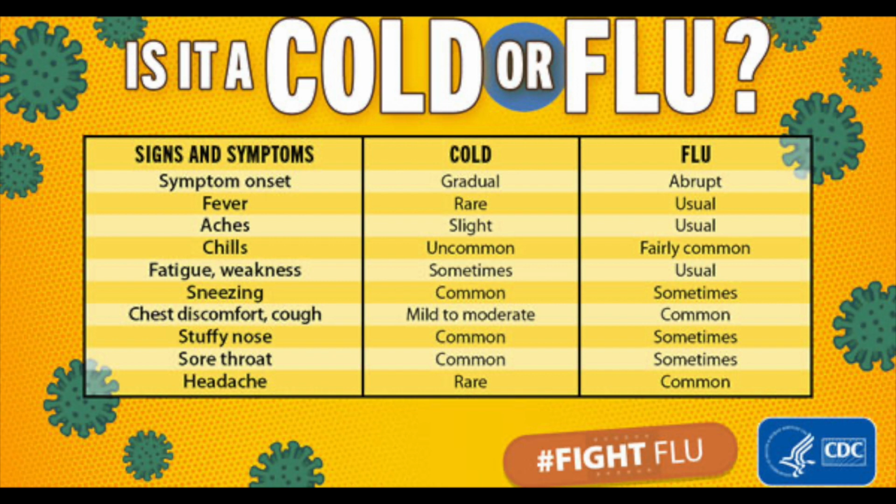Treatment measures typically involve over-the-counter medications for pain and fever, as well as adequate oral rehydration. It is also imperative to take measures to avoid the spread of infections to others.